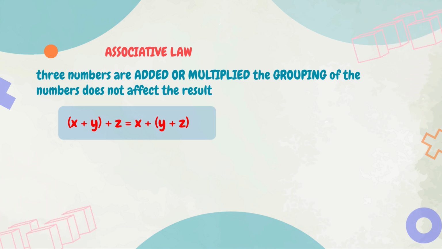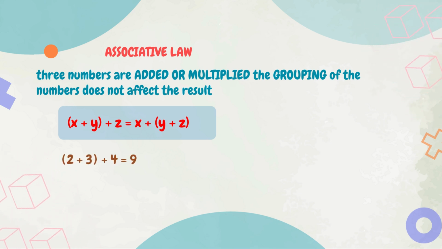For instance, adding 3 numbers, 2, 3, and 4, 2 plus 3 gives 5, then plus 4 gives 9. Likewise, if we start by adding 3 and 4, then plus 2 still gives 9. So when adding multiple numbers, the grouping of numbers does not affect the result.